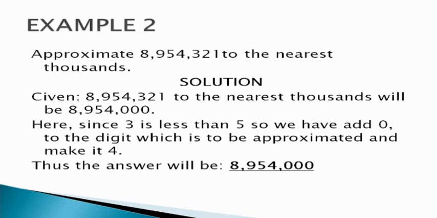So the answer will be 8,954,000, because here 3 is less than 5, so it will not change number 4. The 4 stays as it is, and the remaining digits will be replaced by 0.